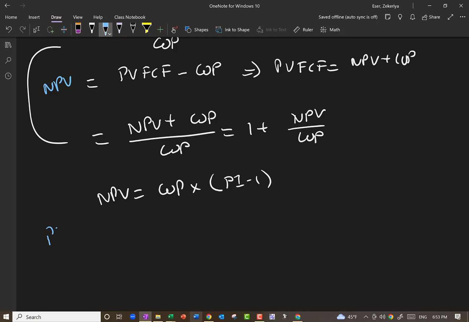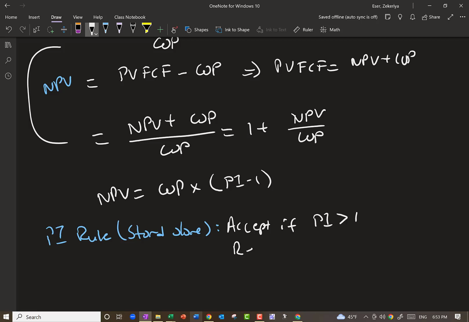And the PI rule is simple for standalone projects: if PI is greater than 1, accept; reject otherwise.